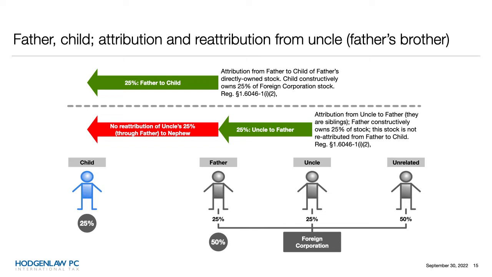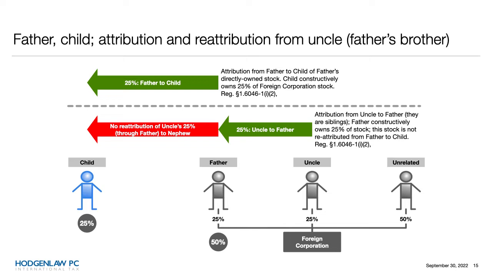And then look at the pair of arrows, the green one pointing to the red one, and now let's talk about how shares owned by uncle are attributed to father but are not reattributed to child. So from the person labeled uncle, who is father's brother, there's going to be the sibling attribution. So father is treated as the constructive owner of his brother's stock.